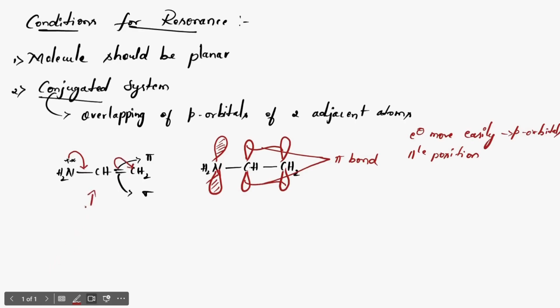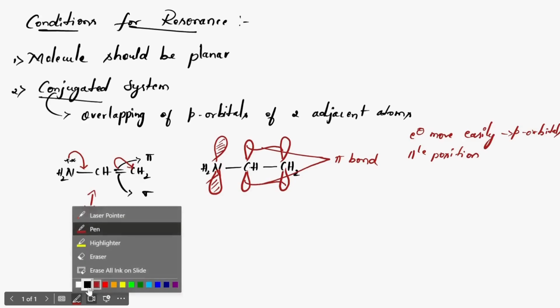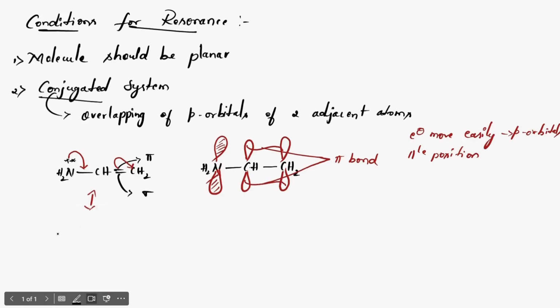That can be written as NH2 double bond CH, CH single bond CH2. Since nitrogen has 4 bonded pairs, it will have a positive charge, and here the pi electron is shifted towards the carbon atom so that the carbon will have the negative charge.